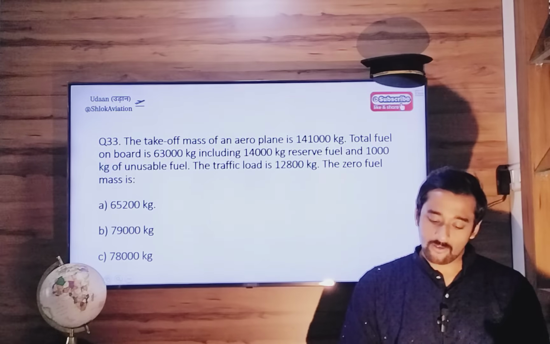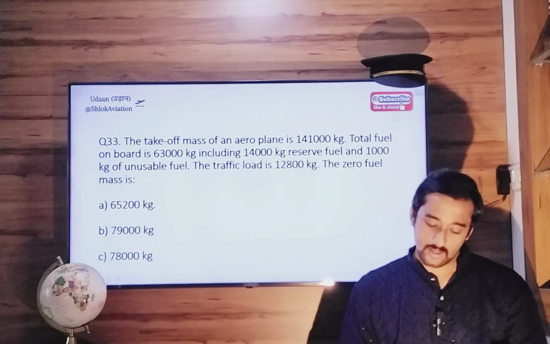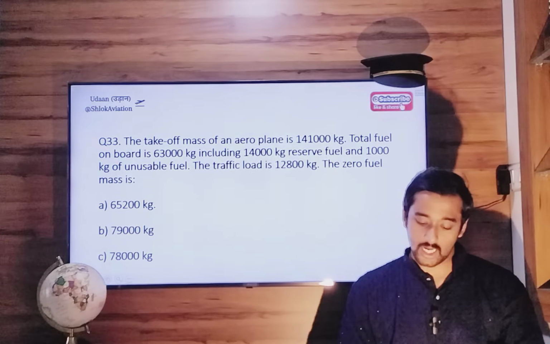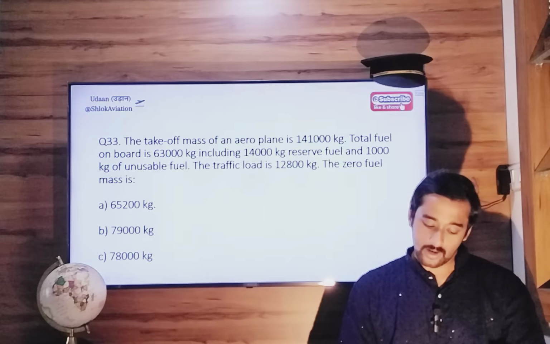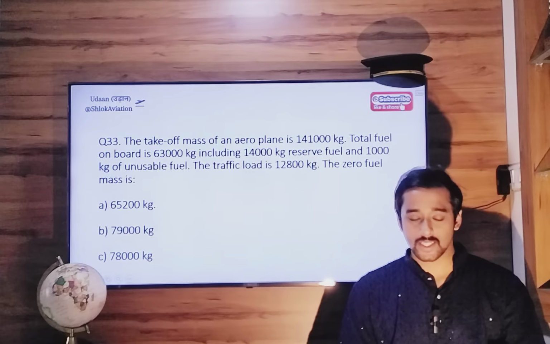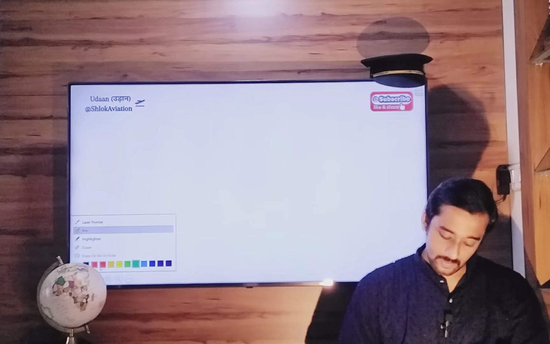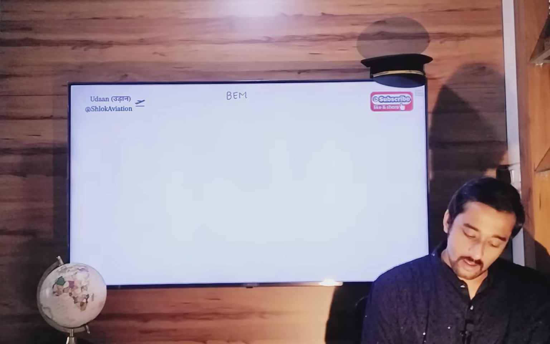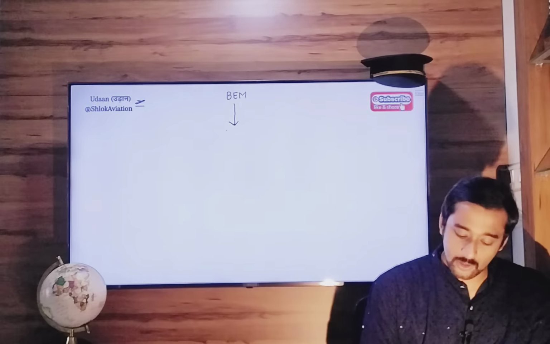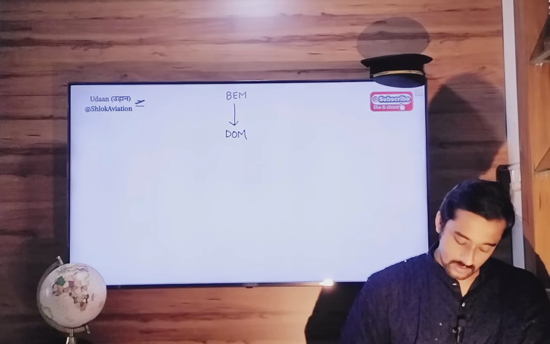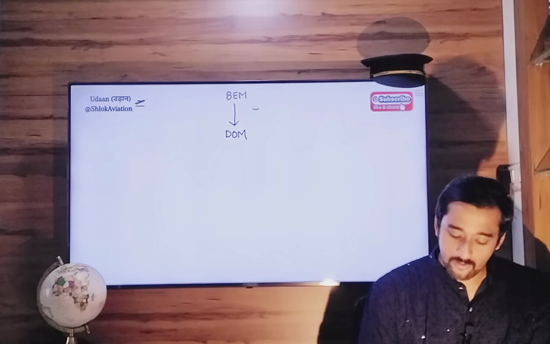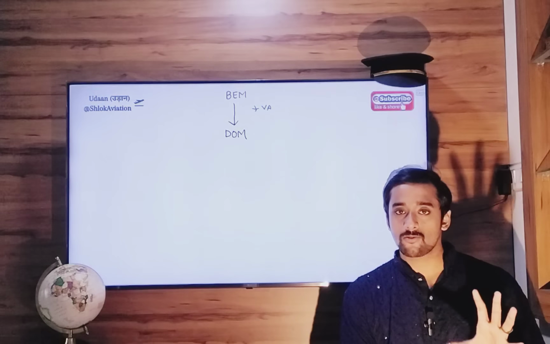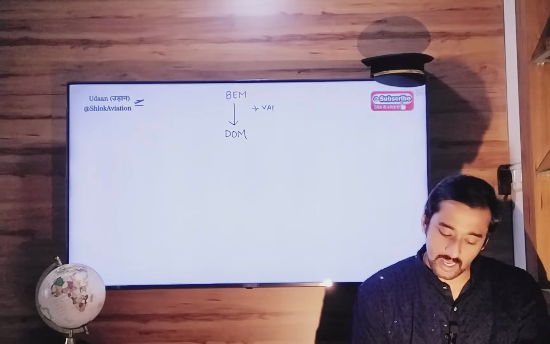Next. Takeoff mass is given, fuel is given, and this fuel is inclusive of reserve and unusable fuel. Traffic load is there. What is zero fuel mass? Remember, basic empty mass plus variable load gives you dry operating mass. Variable load means crew, baggage, crew weight, food, beverages. This is your variable load.